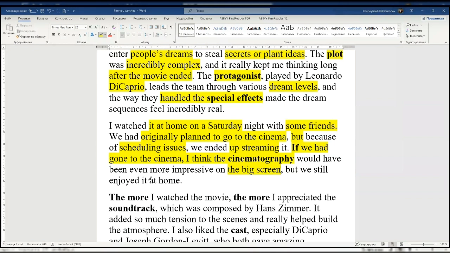Because I need to talk a little bit about the movie, then I need to give my experience, right?